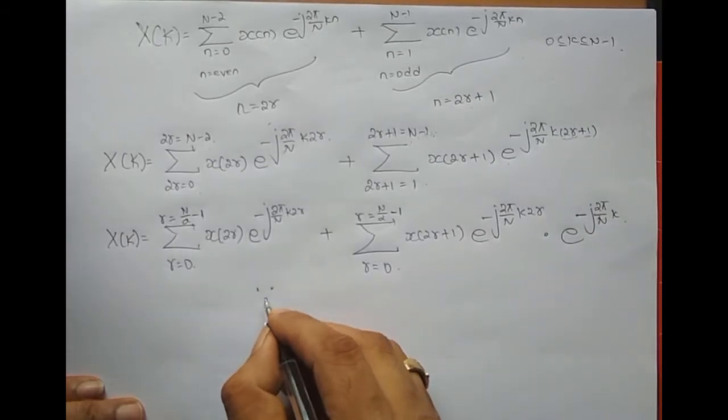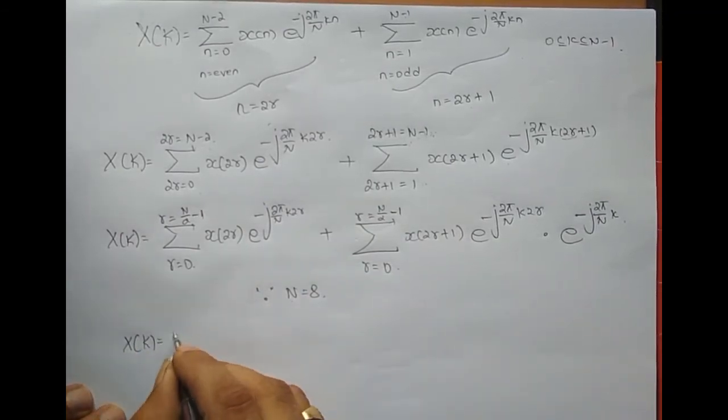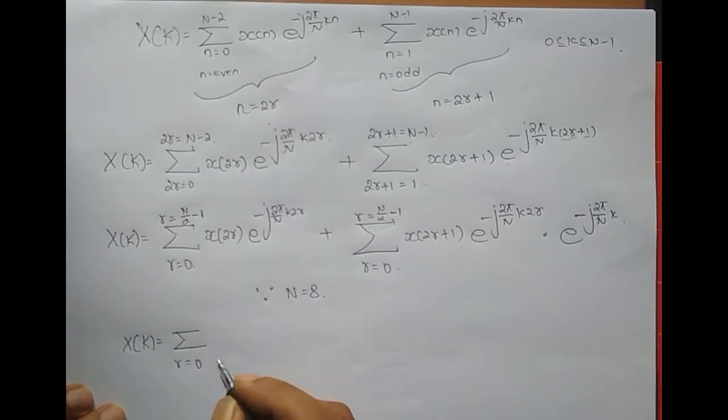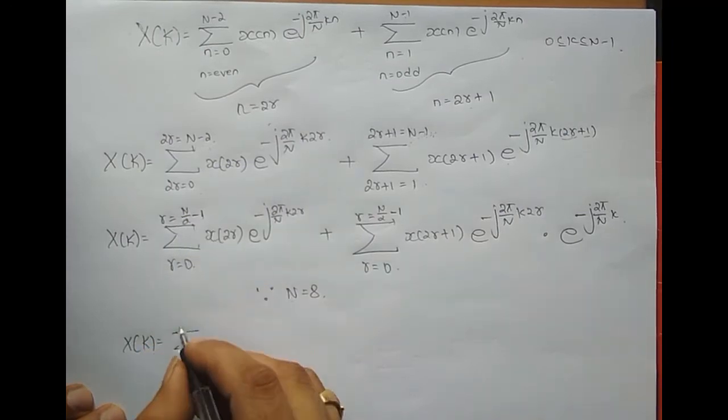Since I am developing an 8-point DIT FFT algorithm, I will replace n by 8 in the above equation. So what do we get? X of k is equal to summation, r varying from 0 to, so n is 8, 8 by 2 is 4, 4 minus 1 is 3.